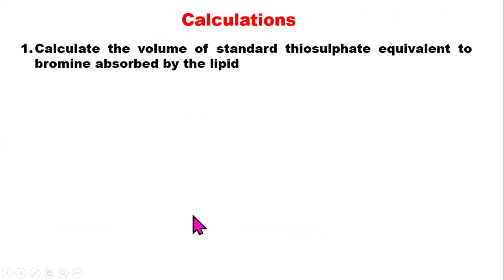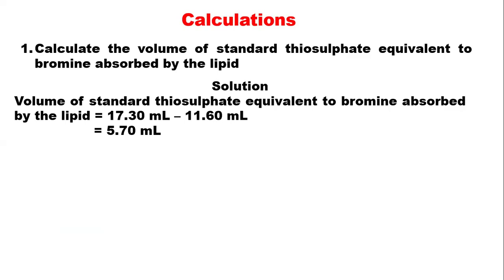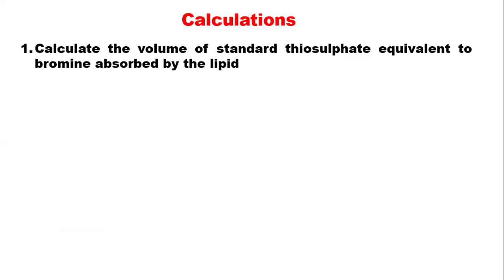Now it's time to calculate. For the first question, it asks us to calculate the volume of standard thiosulfate equivalent to bromine that is absorbed by the lipid. So here what we'll do, our two average titer values, we subtract the first.